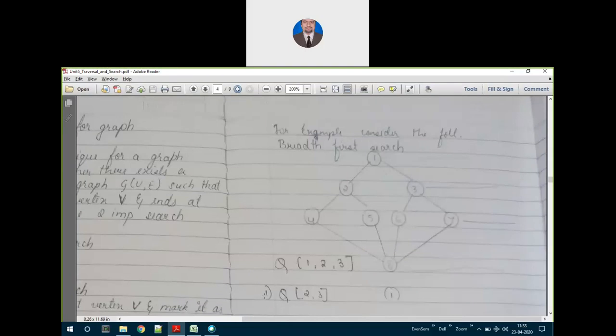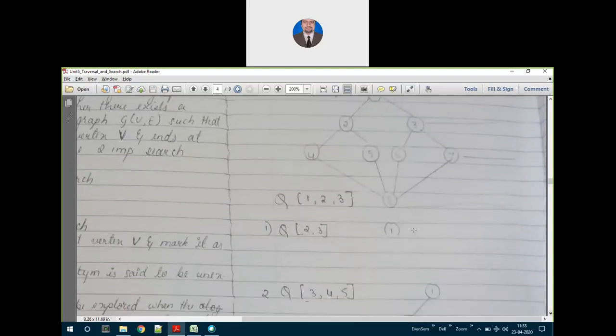In step number 1, you will see that the queue contains only 2 and 3, and you see a graph with only vertex 1 over here. It indicates that vertex 1 is explored, and the newly visited vertices are 2 and 3, which are adjacent to 1.